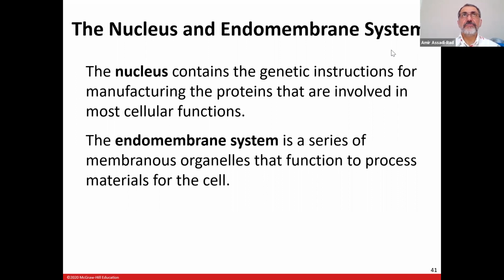The endomembrane system means all of the membrane-bound organelles. I did not give you this definition of organelle. I threw that at you before, but organelles are structures inside of the cell that have a metabolic function, and they're membrane bounded, like mitochondria, chloroplast, Golgi apparatus, rough endoplasmic reticulum, smooth endoplasmic reticulum.